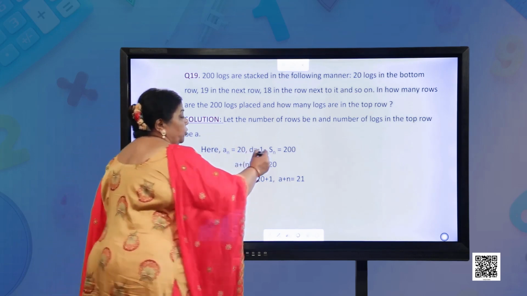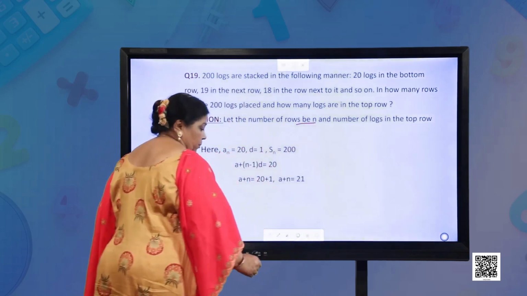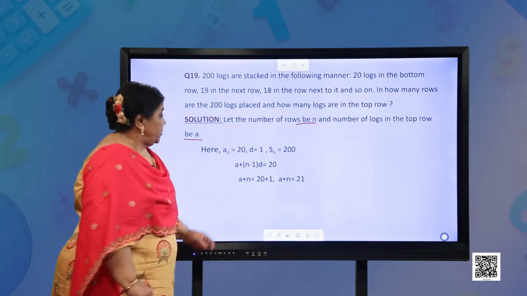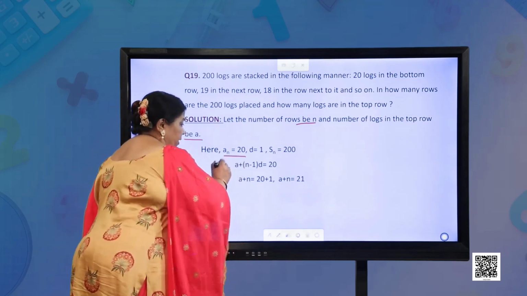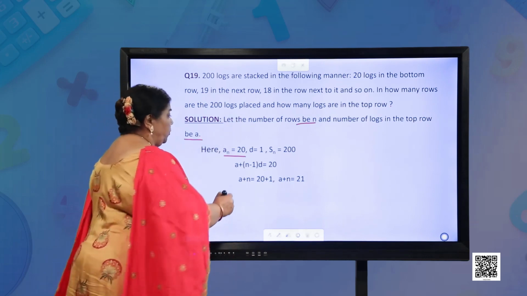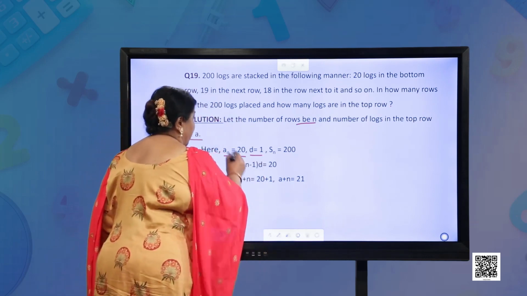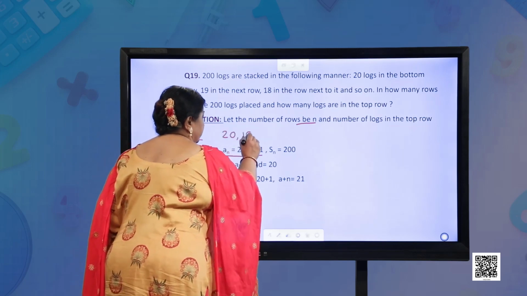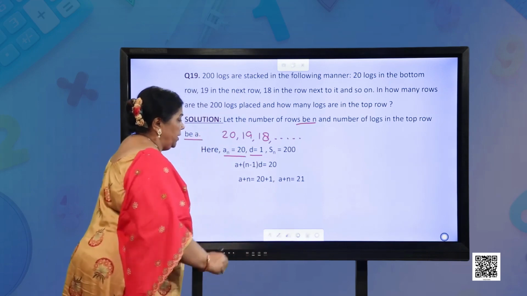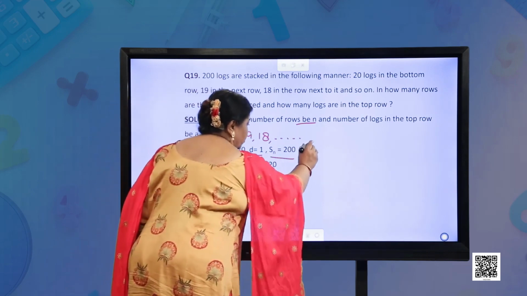So, let the number of rows be n and the number of logs in the top row be a. So, let an be 20 because it is given to us that there are 20 logs in the bottom row, and d is 1. How? See 20, 19, 18, this is the order given to us. Okay. And the total number of logs we know is 200.